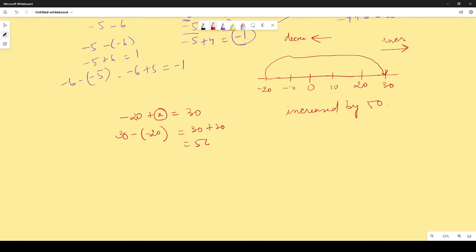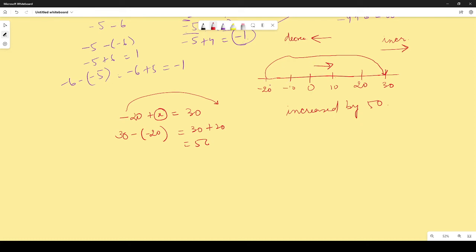So even if you are using the x method, what you do is you shift the number to this side and the unknown figure to this side. So over here in the number line also you can understand how much the number has increased. It is moving every time in the right direction, right? So from minus 20 to minus 10, then 0, then 10, 20, 30.